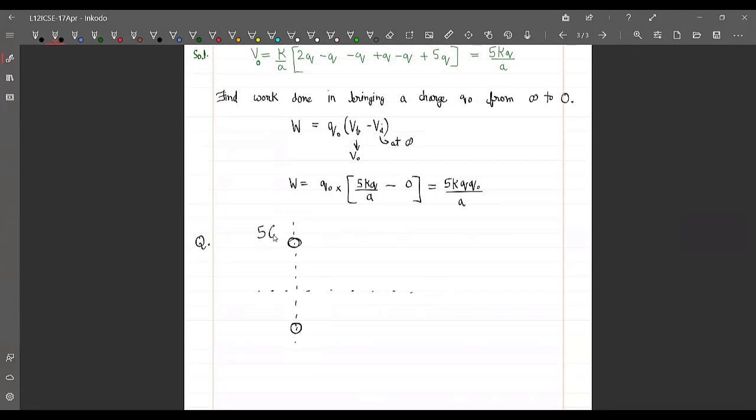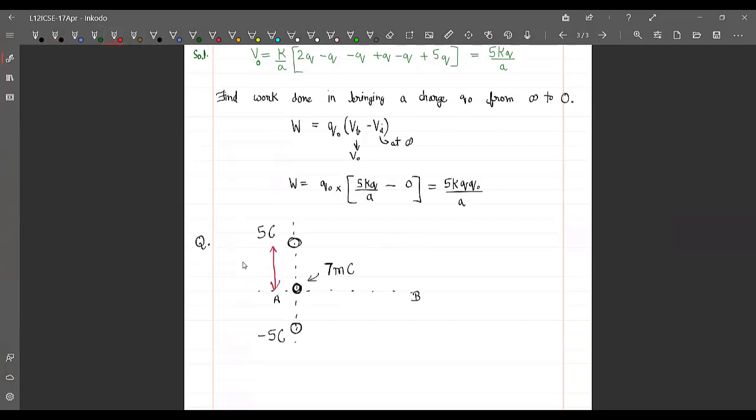There is a charge of 5 coulomb here and a charge of minus 5 coulomb here. At the center, there's a charge given as 7 millicoulomb, and you want to move this charge from point A to point B. The distances are given.